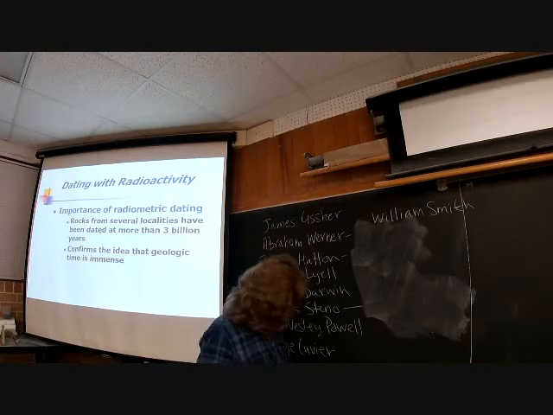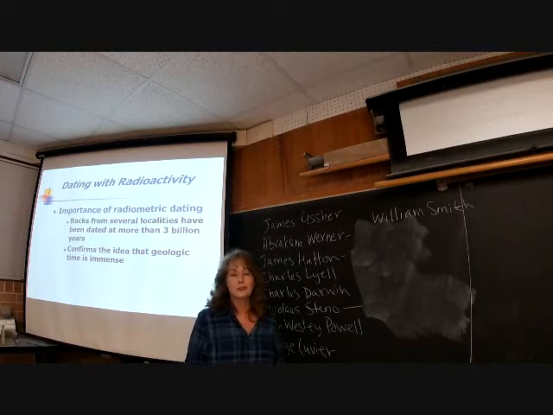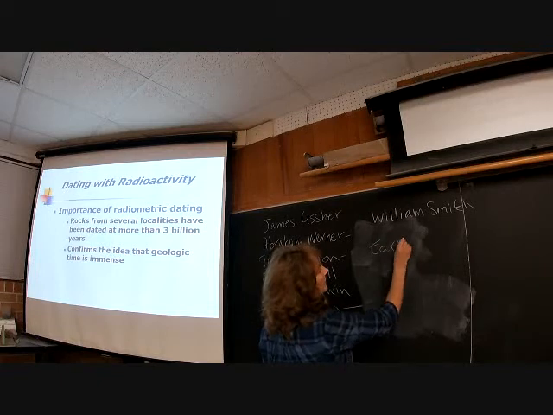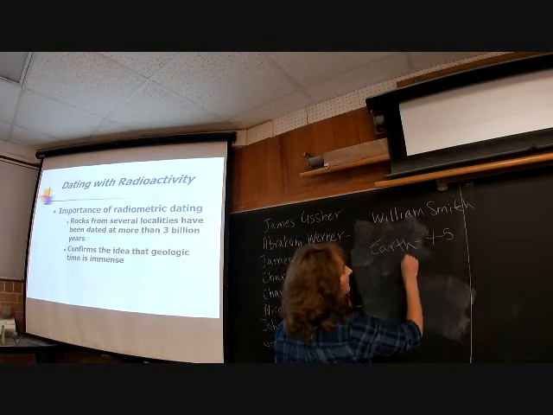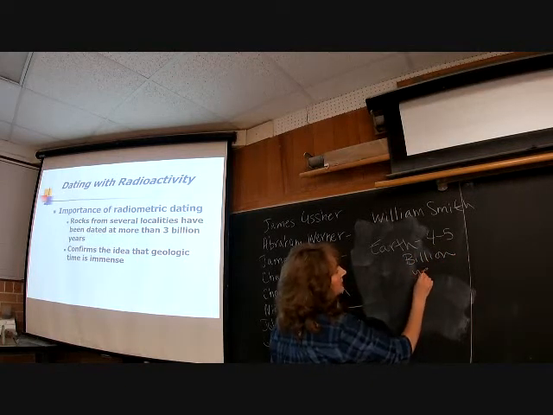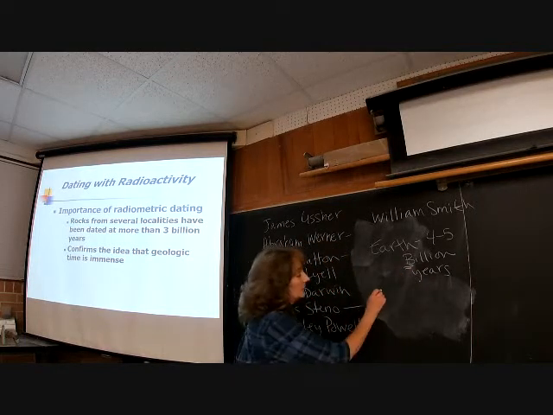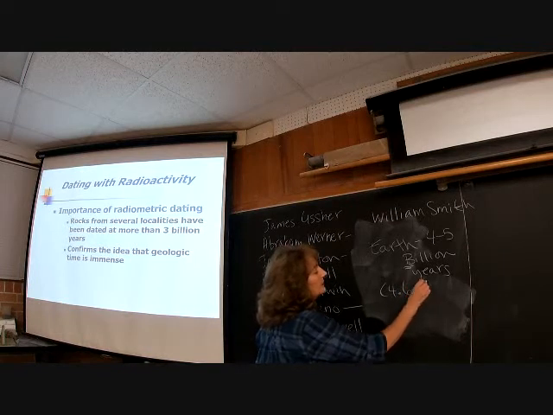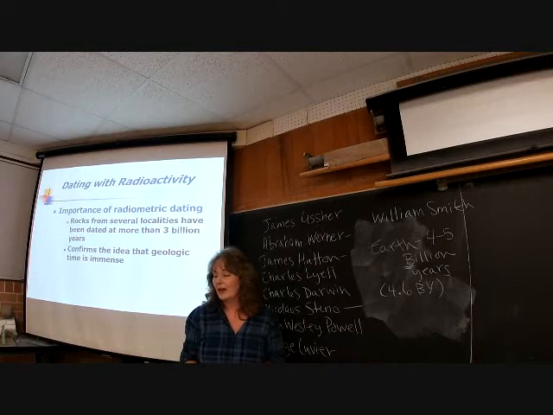It is thought by geologists and astronomers that the Earth is about, I'm going to say between 4 and 5 billion years. Billion with a B. And I think the astronomers go with 4.6 billion years, BY, billion years.